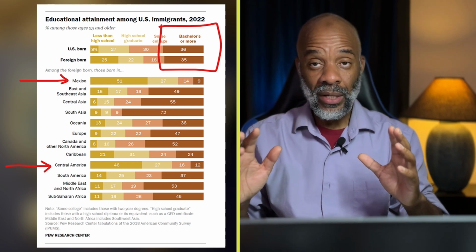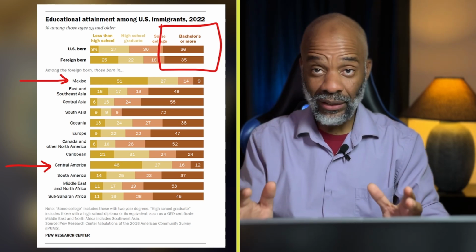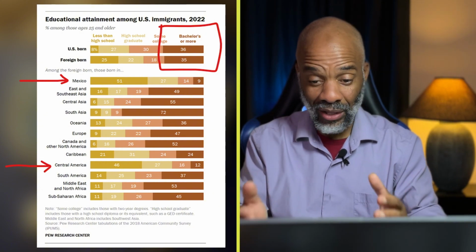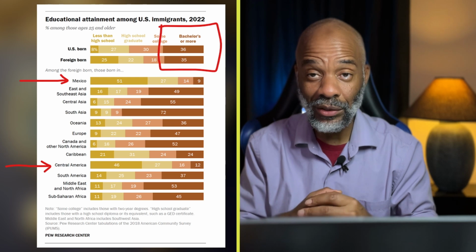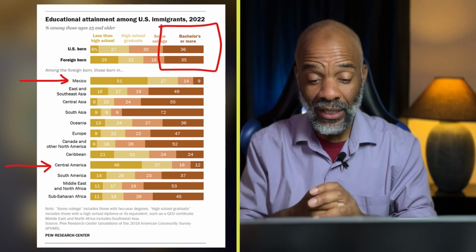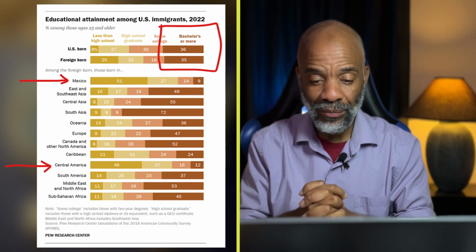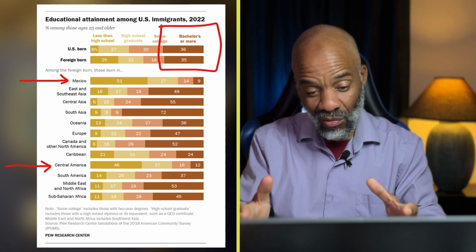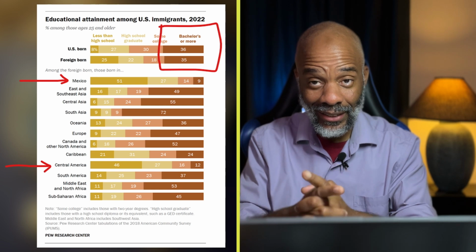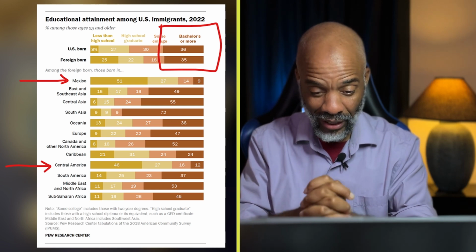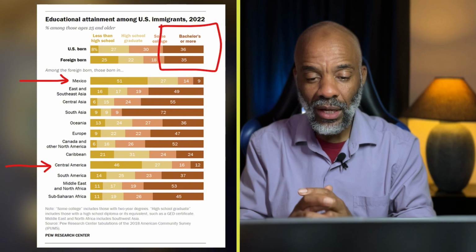Now, this is a very interesting thing to look at. I'm sure it's up on the screen there. You guys can take a look at it and see what the educational levels are for everybody who's coming into this country. It's done by region rather than country. It would have been nice to have done the country, but it does do one country there, which is Mexico.